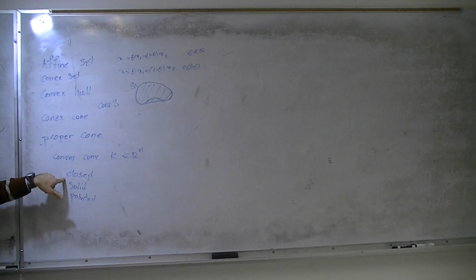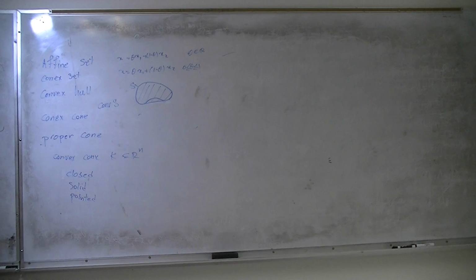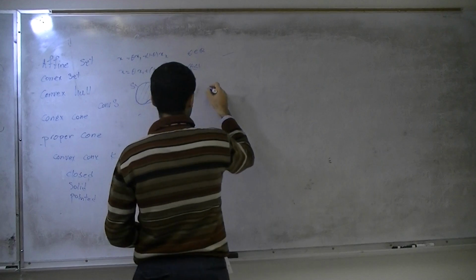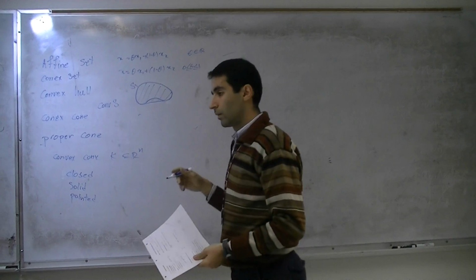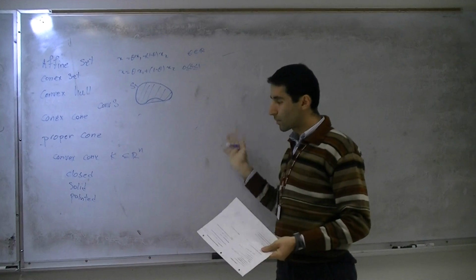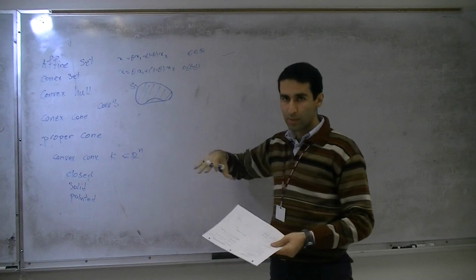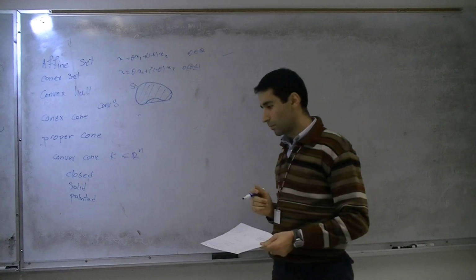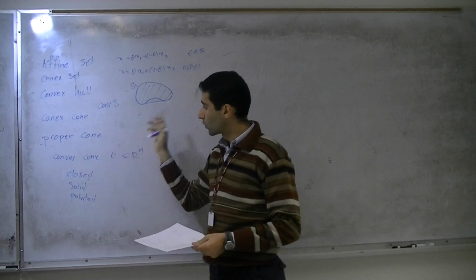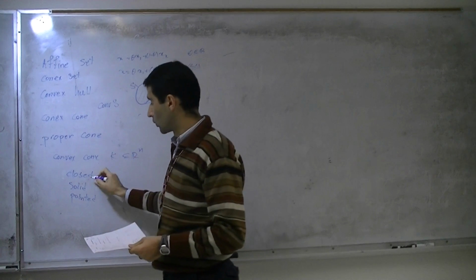First one is closed. Closed means if we have a set, the boundary of the set belongs to the set. For example, if you remember in the previous session, we had some sets whose boundary didn't belong to the set, and therefore that one cannot be closed.